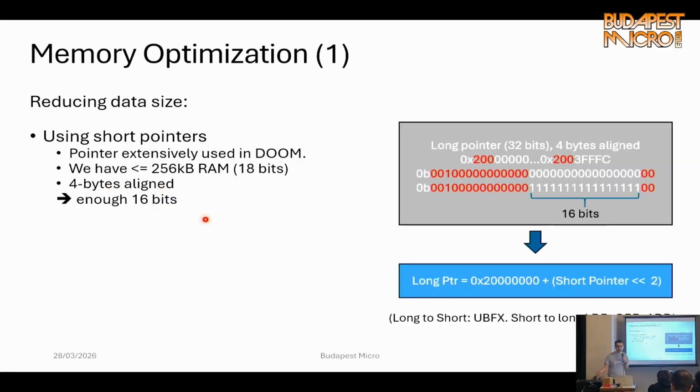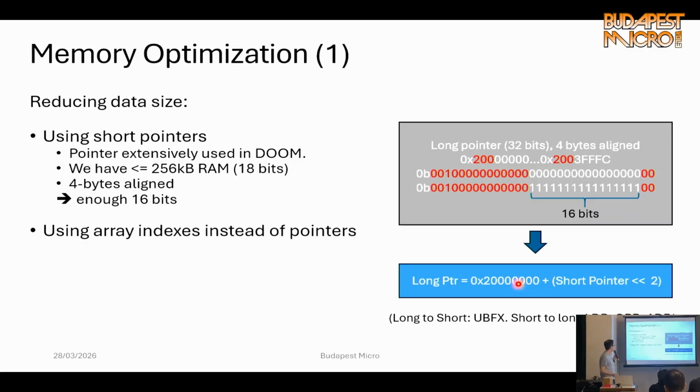So a short is enough. And the conversion between a long and short pointer using a Cortex-M33 or M4 is very easy. You just need 1 or 2 instructions. So also I have used, whenever possible, array indexes instead of pointers.